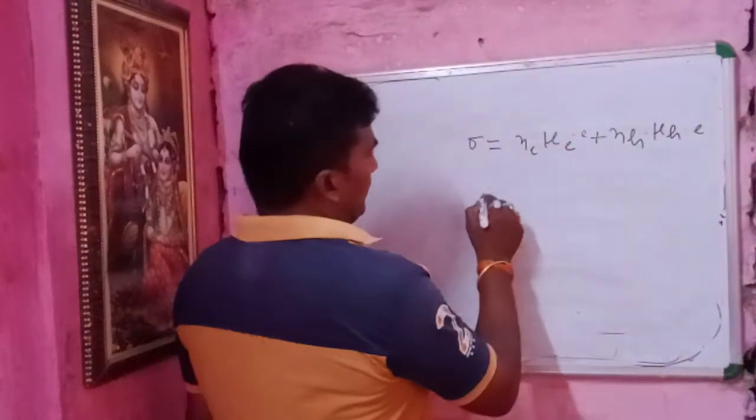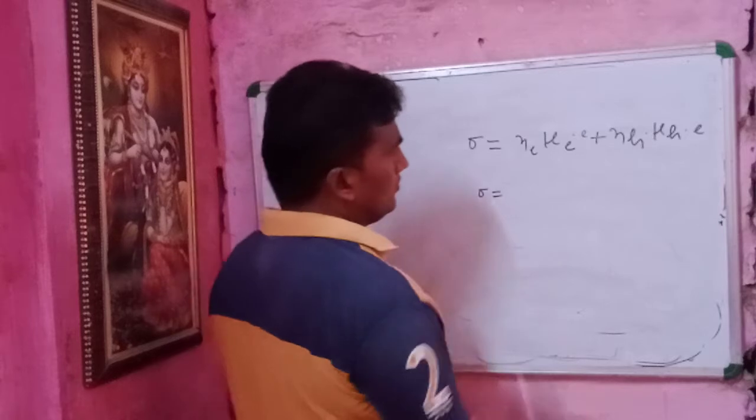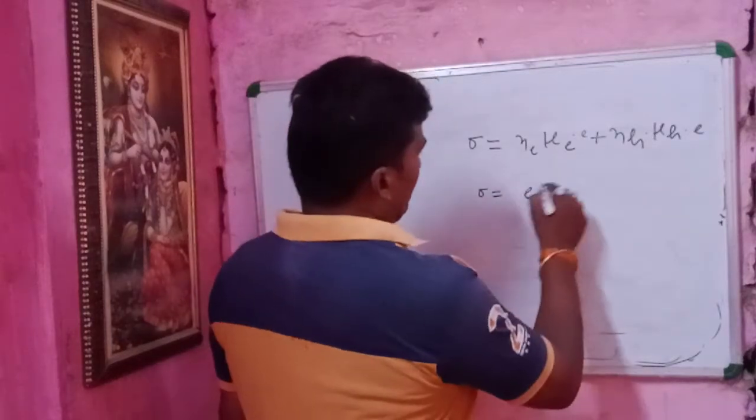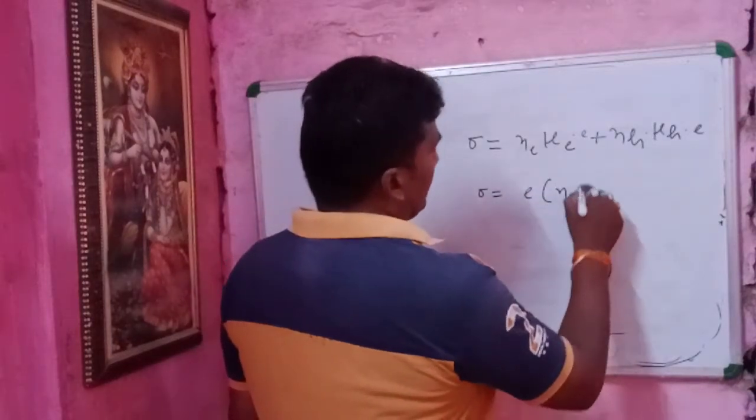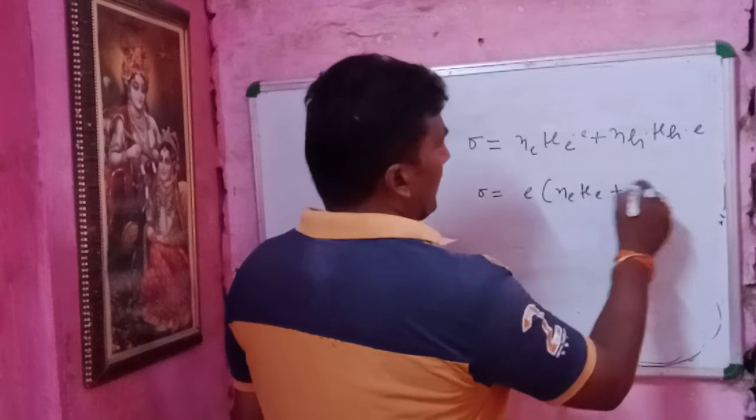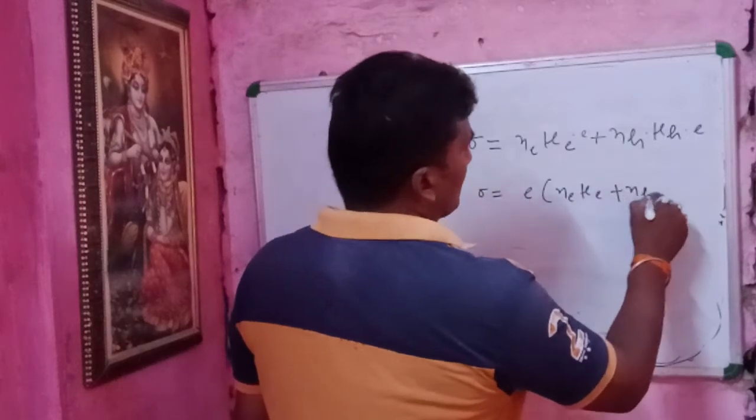In the given expression, we take e common. Sigma is equal to e times ne mu e plus nh mu h.